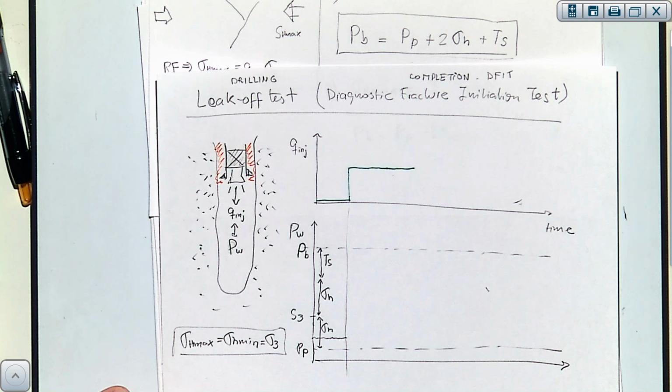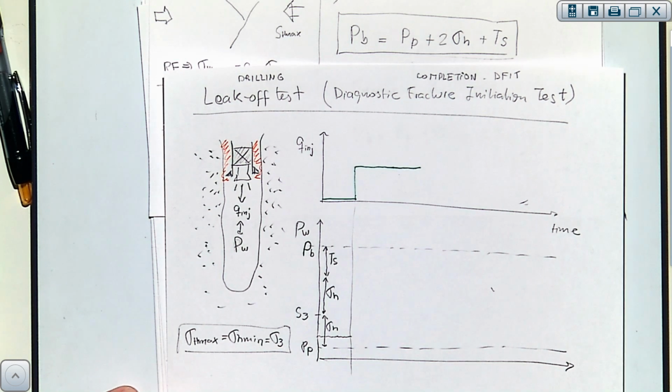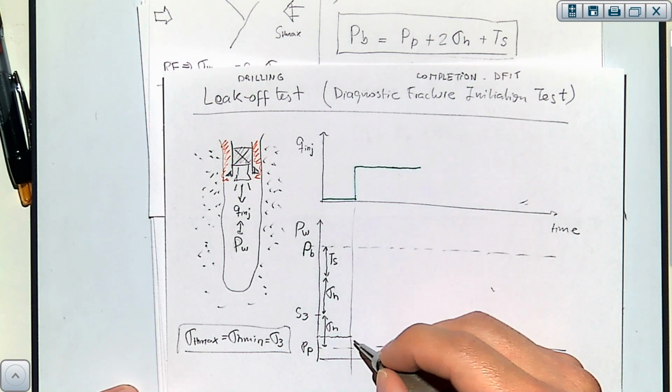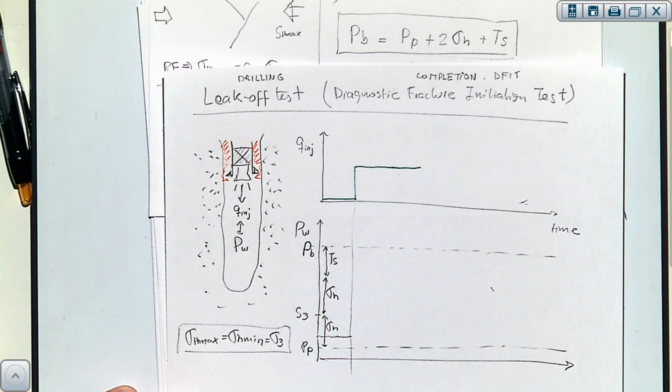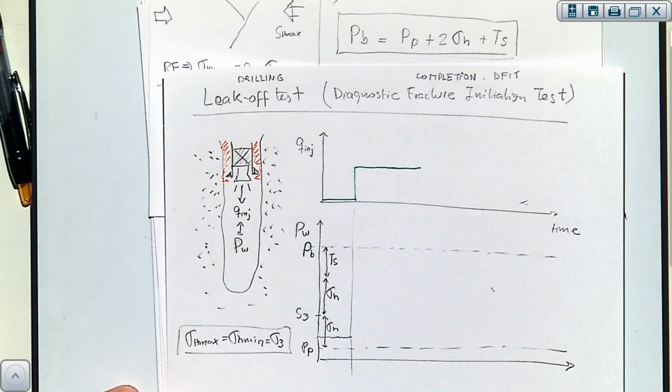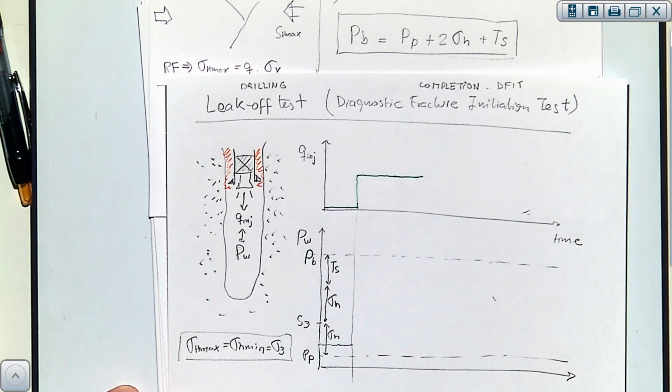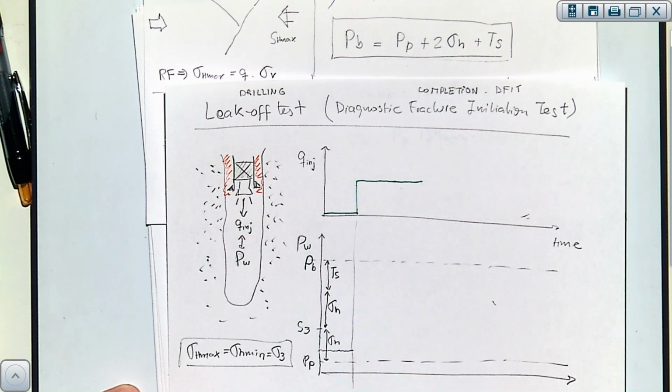You start injecting. What's going to happen with the pressure? It will increase, and it will reach a maximum value. Maximum value, as we were saying before, is going to depend on this equation.